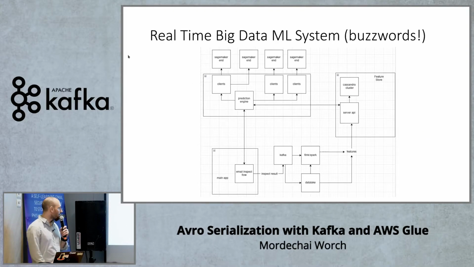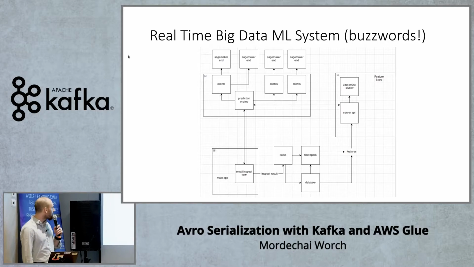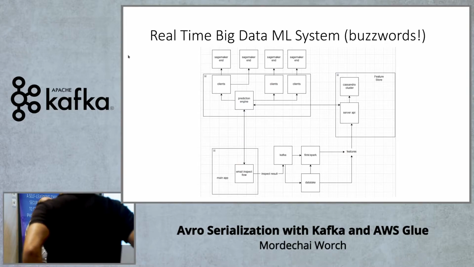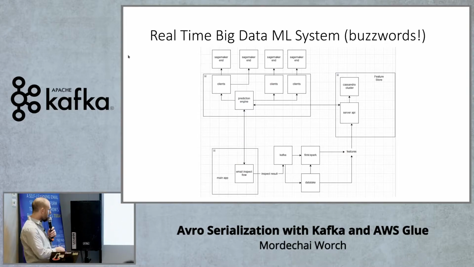Cool. So in order to solve this problem, we have a real-time big data machine learning system. Wow, lots of buzzwords. Okay, so how does it work? First of all, we have the inspect flow, which is basically the main application which processes emails that are coming in from APIs such as Office 365 and Gmail.